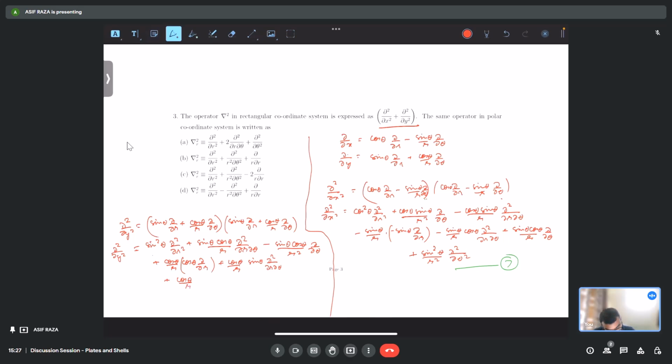So with respect to theta, this becomes minus sin theta. I'll take this one out, cos theta squared. So with respect to this becomes minus sin theta, and cos theta by r squared ∂²/∂θ².